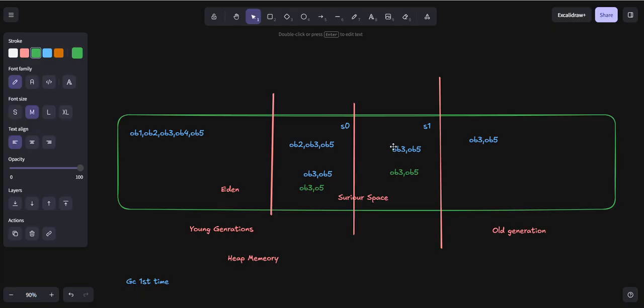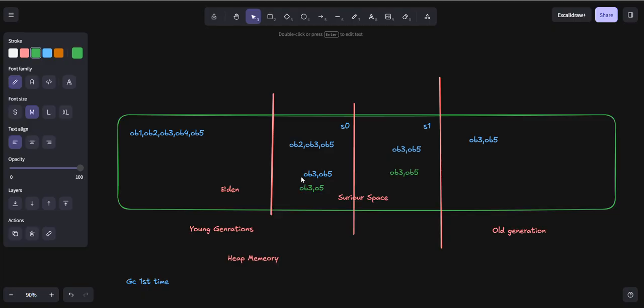The third time the garbage collector runs, it identifies that both objects have still survived, so it moves them from S1 back to S0. It will not move directly from S1 to old generation. It just moves object 3 and object 5, which are still alive, back to S0.